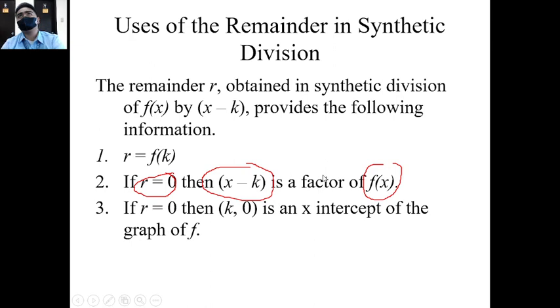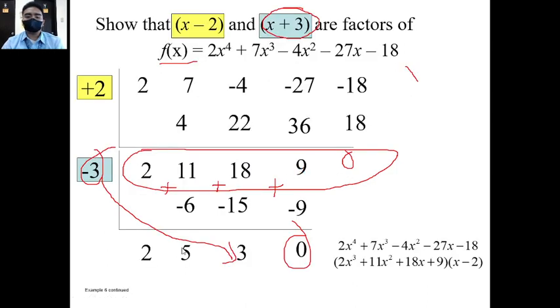So, knowing what the factor theorem and the remainder theorem are, we can tell that if you have a remainder of 0, you can simply state the conclusion: x plus 3 and x minus 2 are factors of the polynomial, then you state the polynomial.